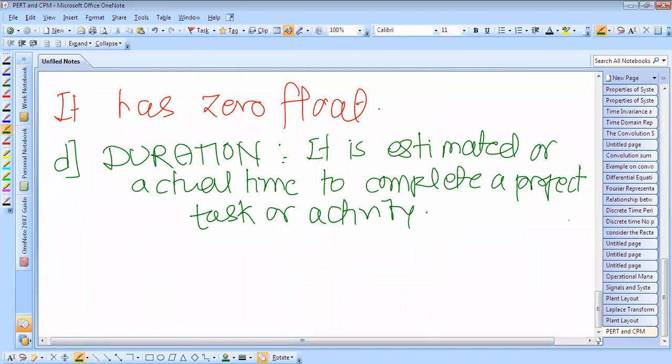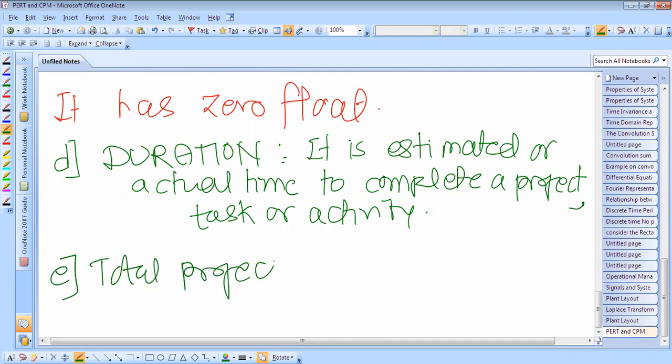Next is the total project time. It is the time which will be taken to complete the project, and it is found from the sequence of critical activities.